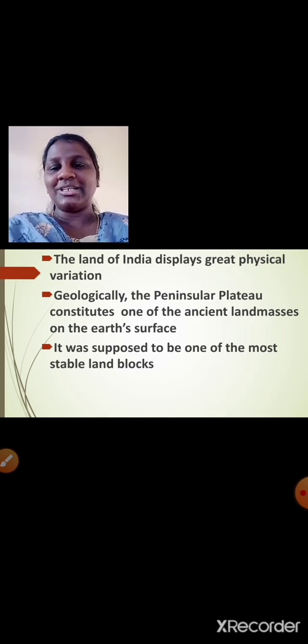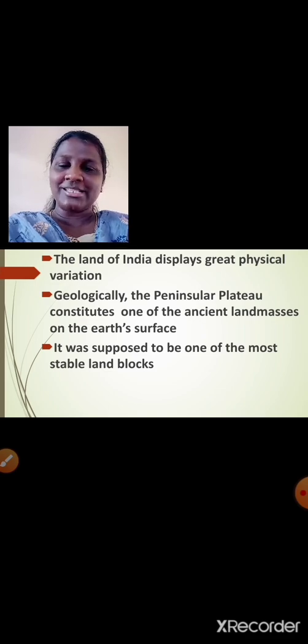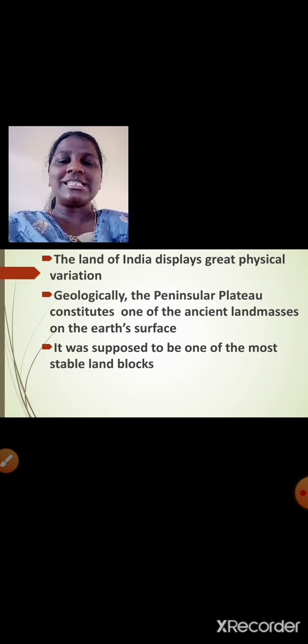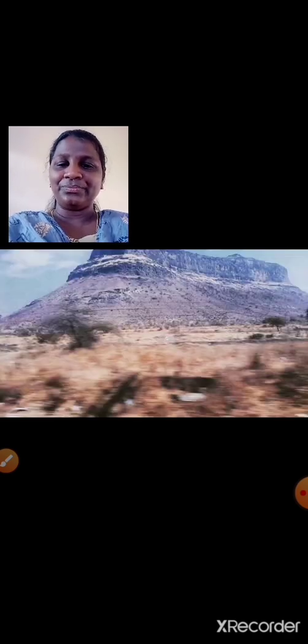It was supposed to be one of the most stable land blocks. Why is it called stable land blocks? Because it is still present today and it was part of Gondwana land millions of years ago. So it is said to be the most stable land block. You can see the peninsular plateau here.